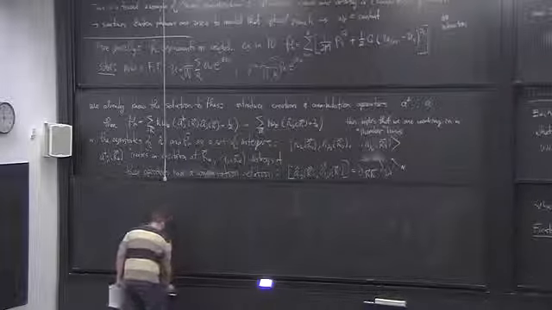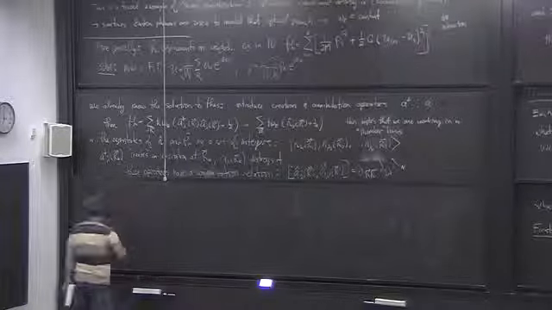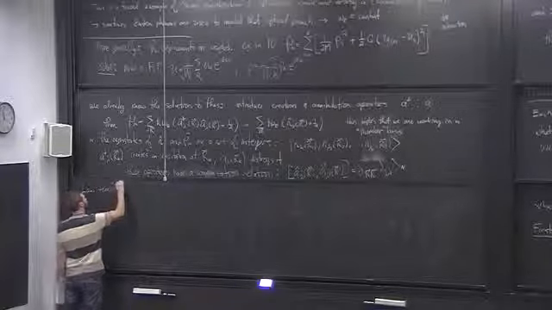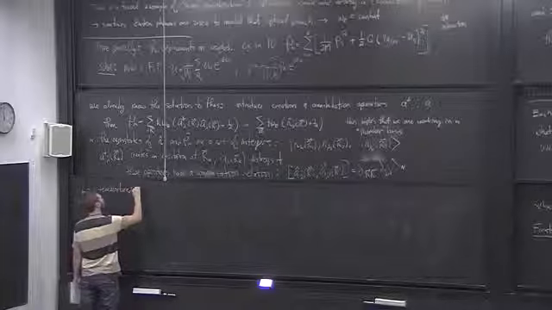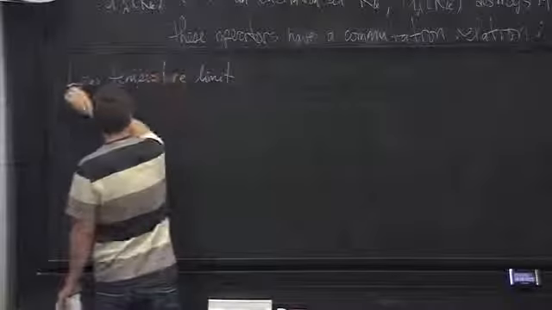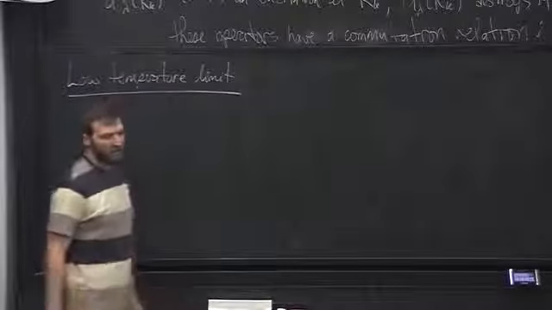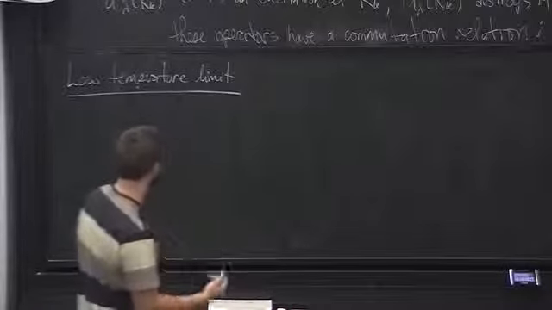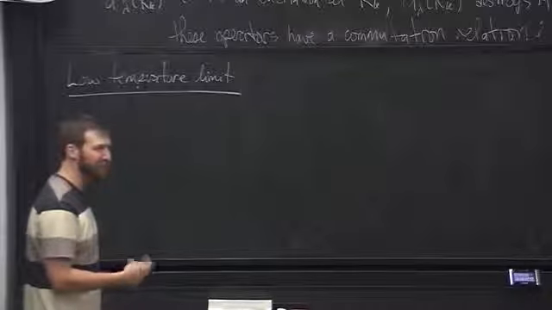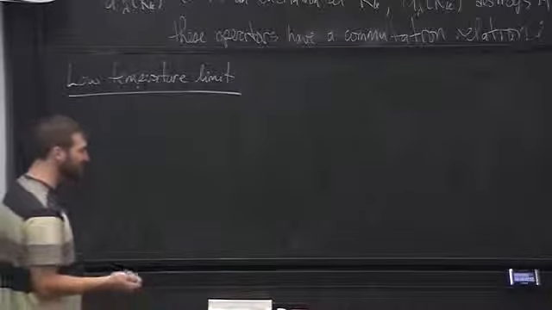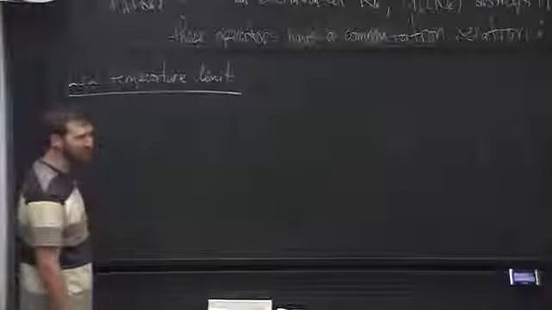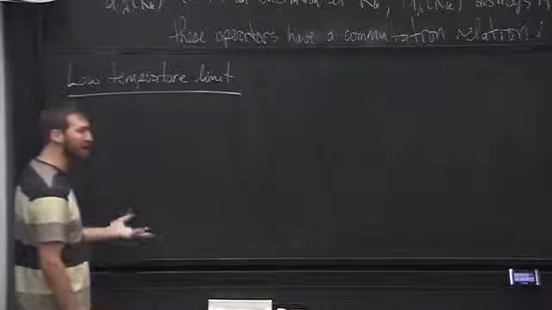Well, we can at least look at another limit. So that was the high temperature limit. If we look at the low temperature limit, we can make a series of reasonable assumptions on the form of that dispersion relationship, and see what we get, okay?